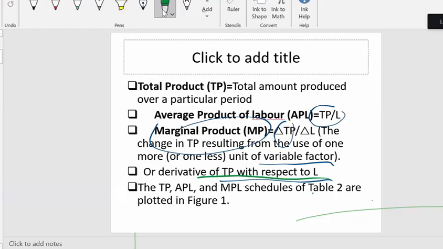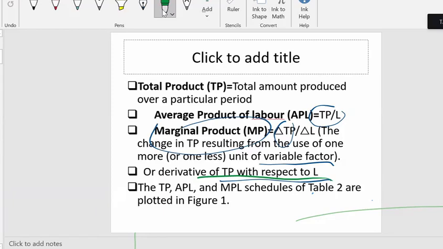The MPL, by definition, is the change in total product divided by the change in labor. You see this formula here. Marginal product is the change in total product by the change of one more or less unit of labor.